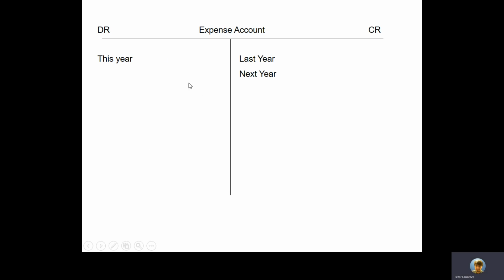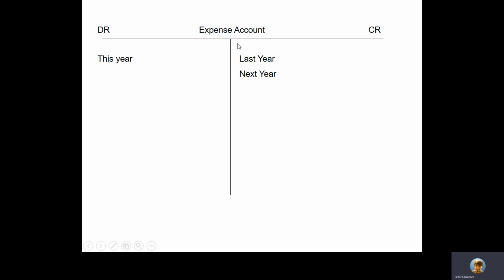By the same token, if we paid for something in advance, then it doesn't belong to this year, it belongs to next year. So it will go on the credit. If we still owe money for last year, again, that would appear on the credit.